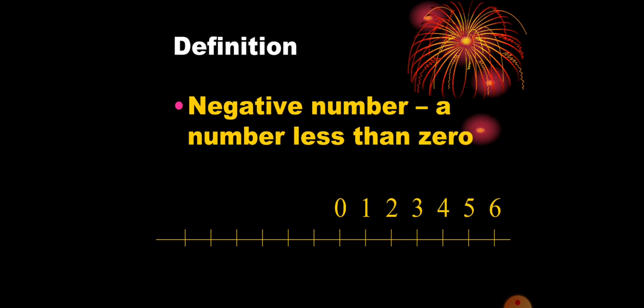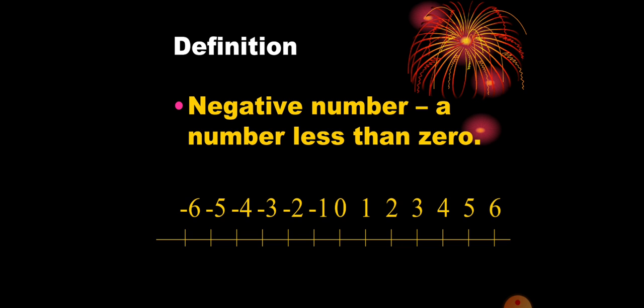Negative numbers are all the numbers less than zero. Where can I put the less than zero numbers? Yes, after the zero in the left direction, like here, left direction. So we have our famous number line, zero in the middle. When you go right after the zero, it's going to be positive numbers.